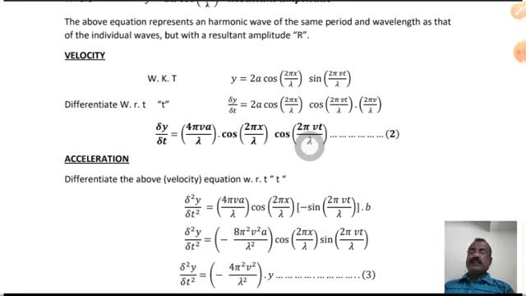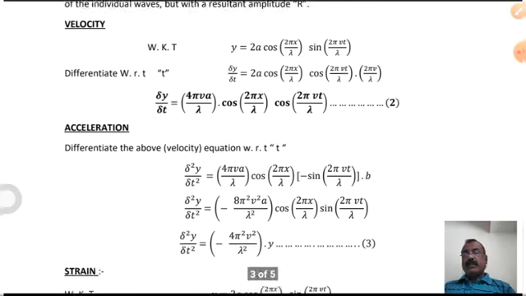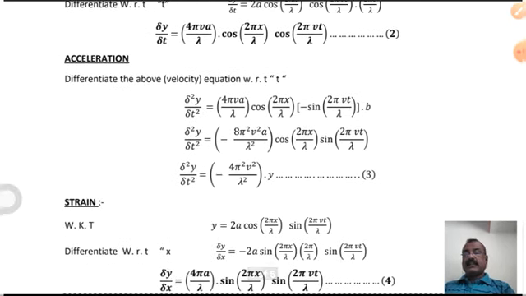Next, to obtain the expression for acceleration, we know that the rate of change of velocity is called acceleration. That is del square y by delta t squared.